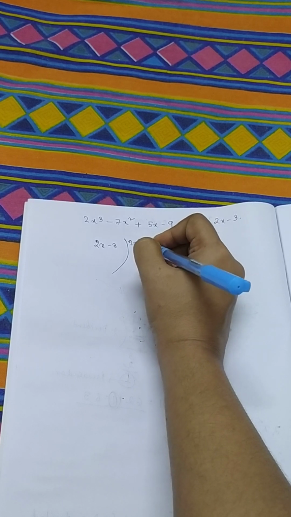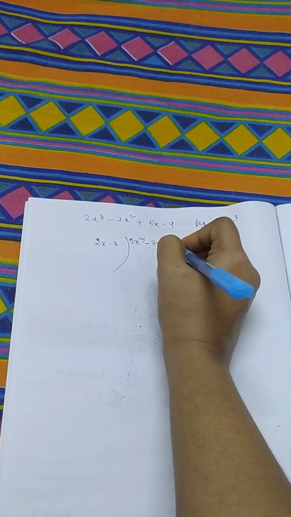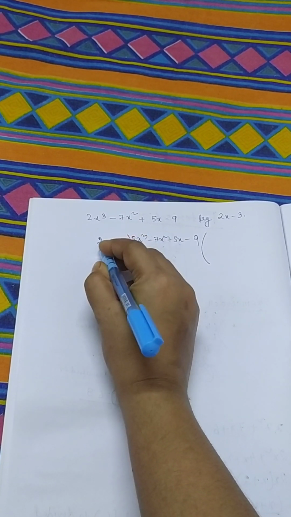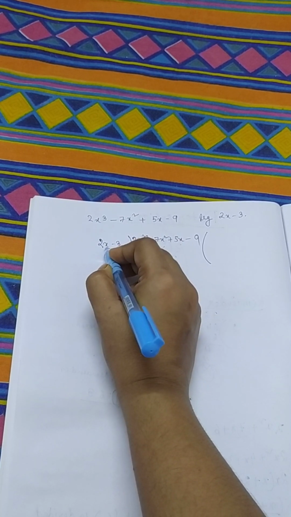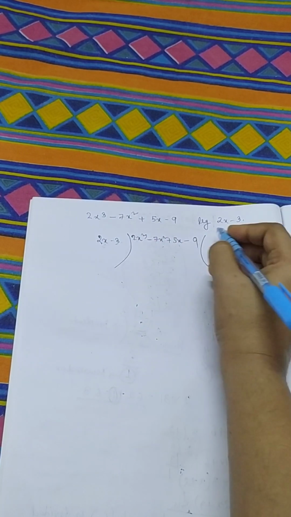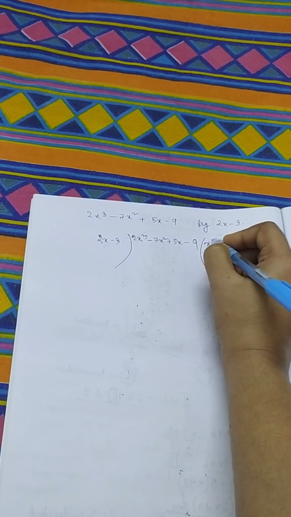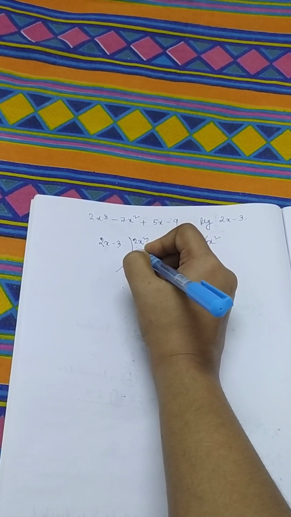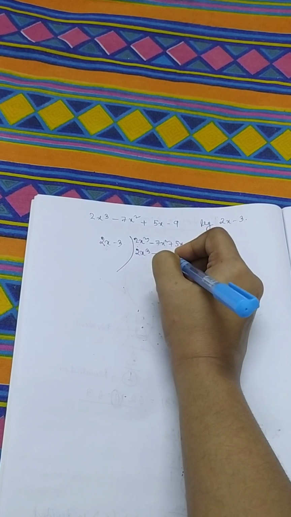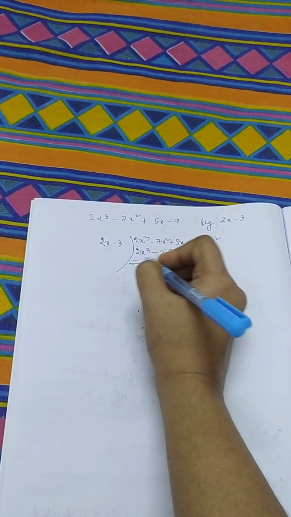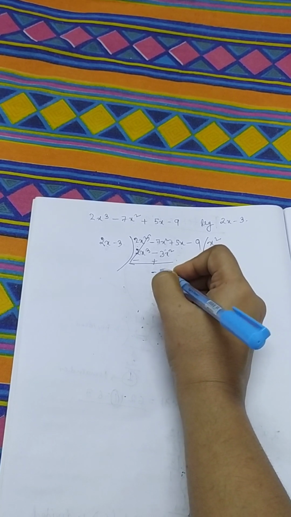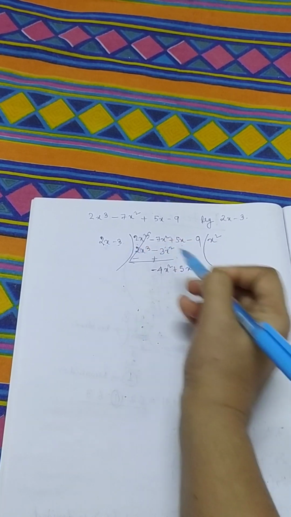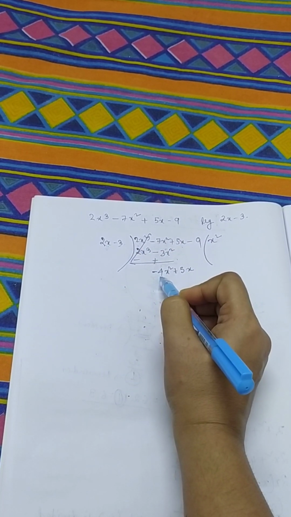2x cube minus 7x square plus 5x minus 9. So the first thing, 2x minus 3 will be multiplied by x square to get this 2x cube. So 2x is multiplied with x square to get 2x cube. So it is 2x cube minus 3x square. The sign will be changed. It is minus 4x square plus 5x. Now what will be multiplied to get minus 4x square?